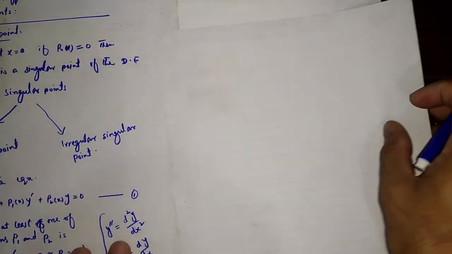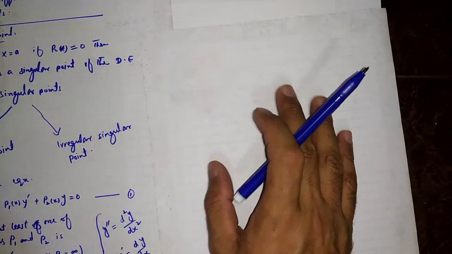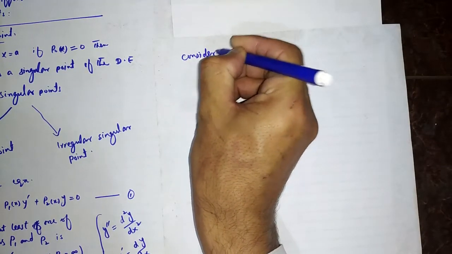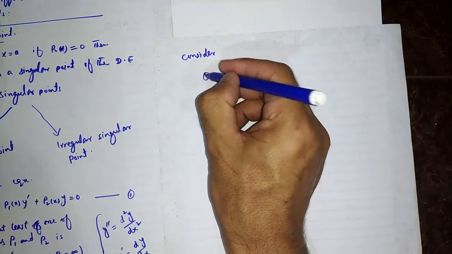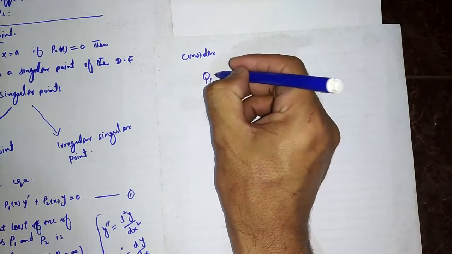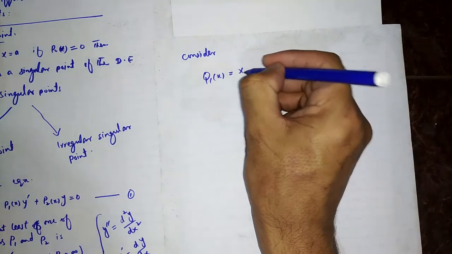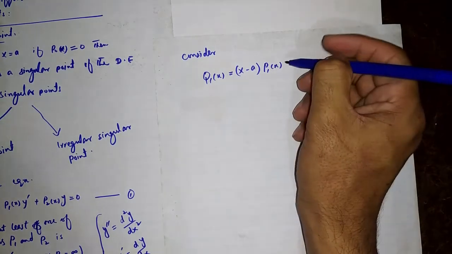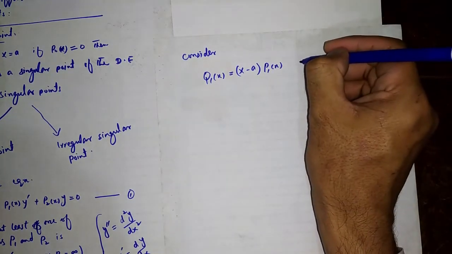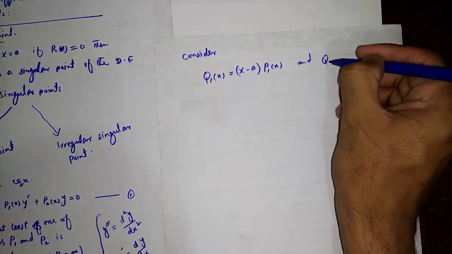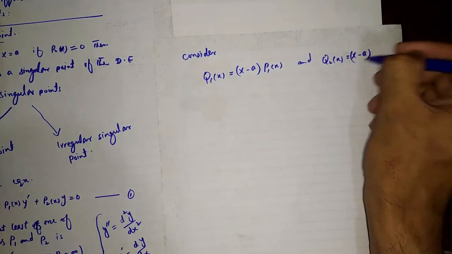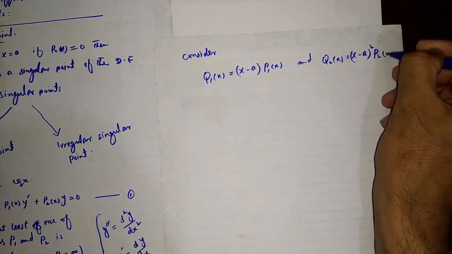So consider q1 of x, which is x minus a times p1 of x, and q2 of x, which is equal to x minus a whole square p2 of x.